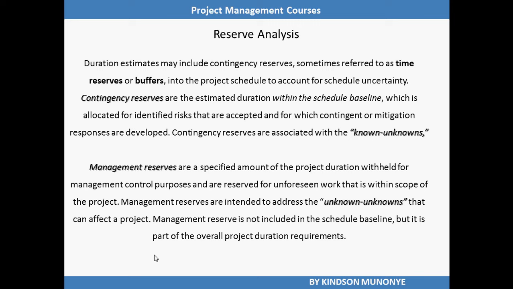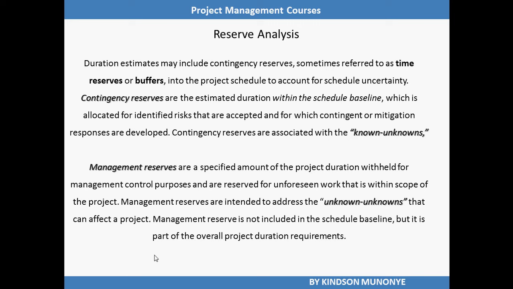Contingency reserve is the estimated duration within the schedule baseline, which is allocated for identified risks or uncertain events that have been accepted and for which a contingent or mitigation response is developed. Contingency reserves are associated with known unknowns.